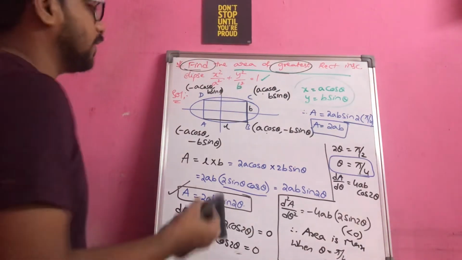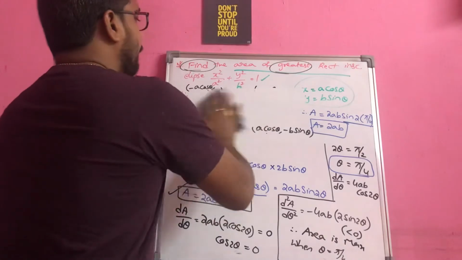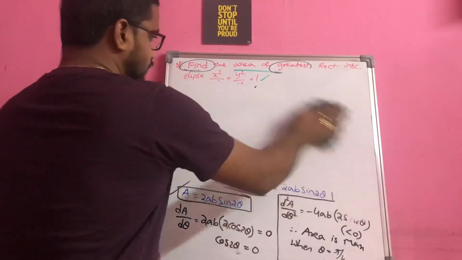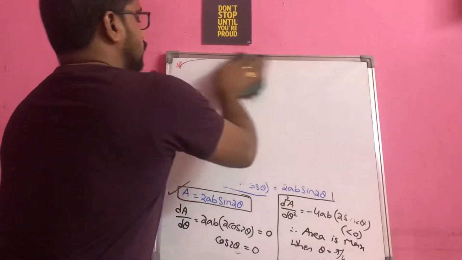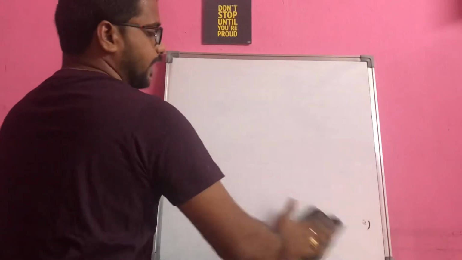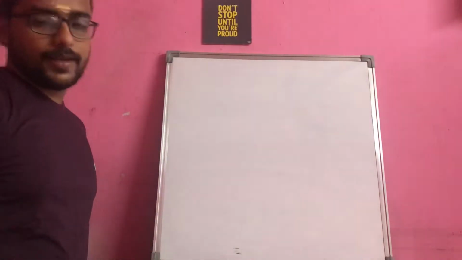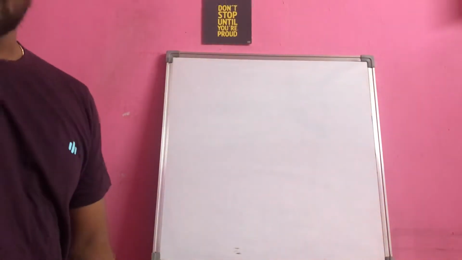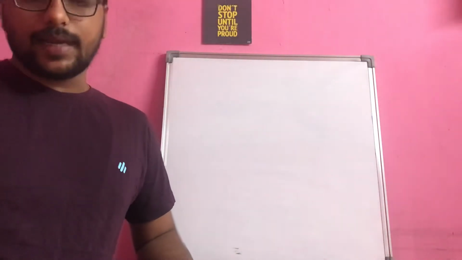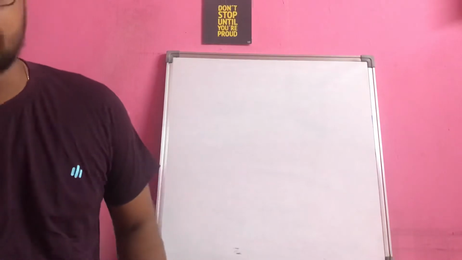Now let us see another interesting question. Now see what they are saying. Find the area of an isosceles triangle inscribed in an ellipse x square by 25 plus y square by 16 with its vertex at one end of the major axis.